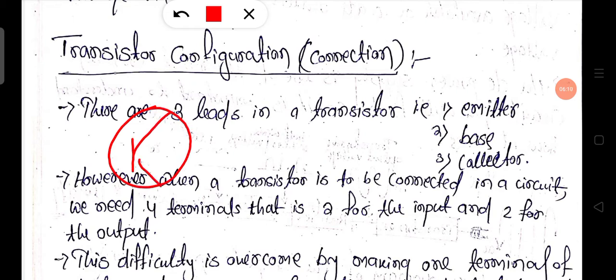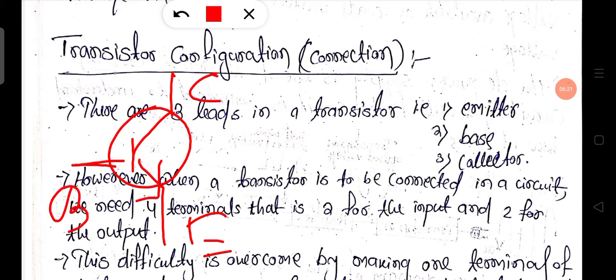This is the symbol of the transistor. This is the collector, this is the emitter, this is the base, and the arrow sign denotes whether it is an NPN transistor or a PNP transistor.